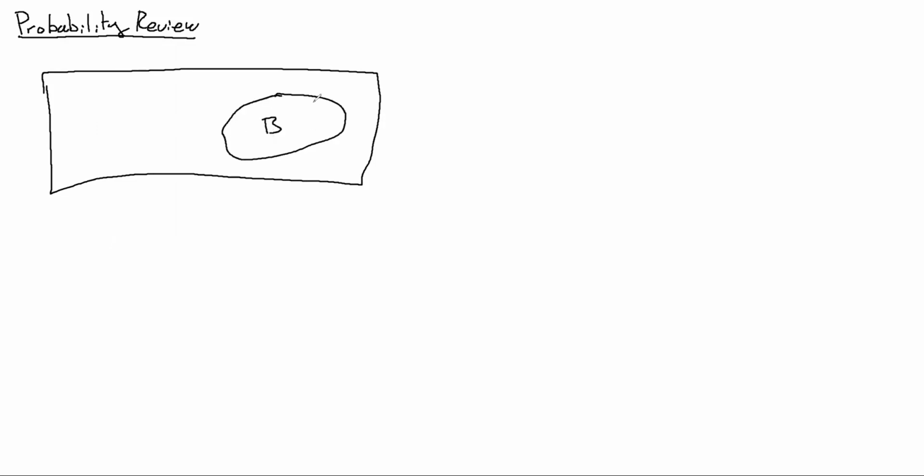Let's say this right here is event B. Everything that is not event B we'll say is B complement, BC. So everything that's not B is going to be over here. If we were to add up the probability of B plus the probability of everything that B isn't, that would be equal to 1.